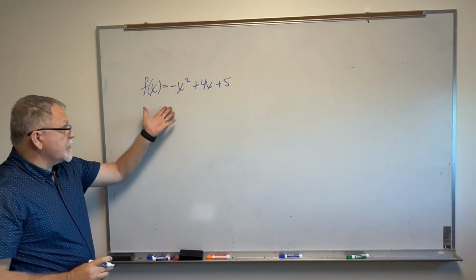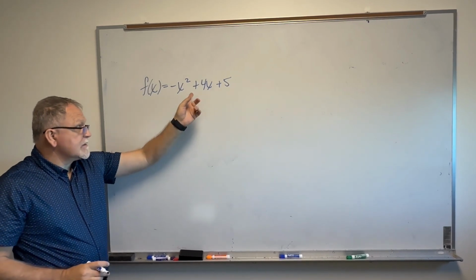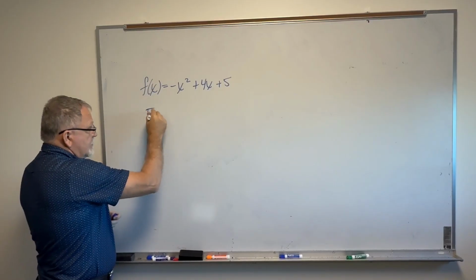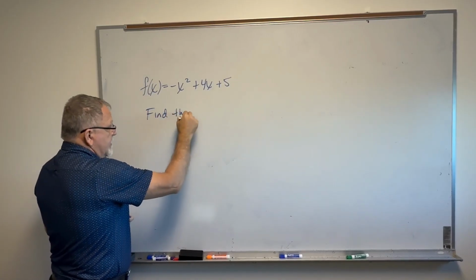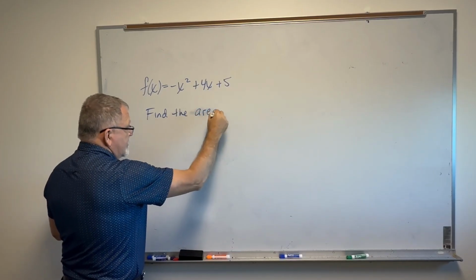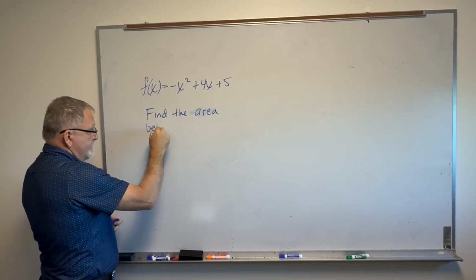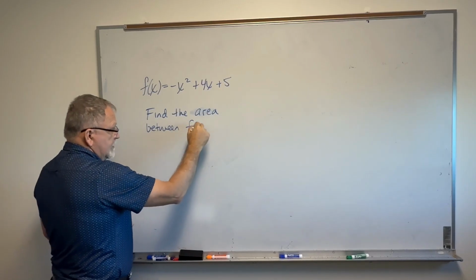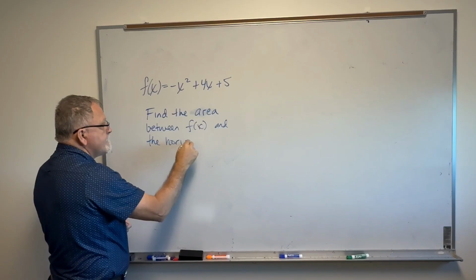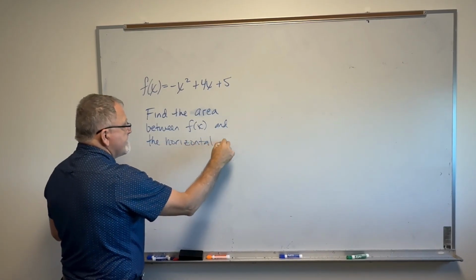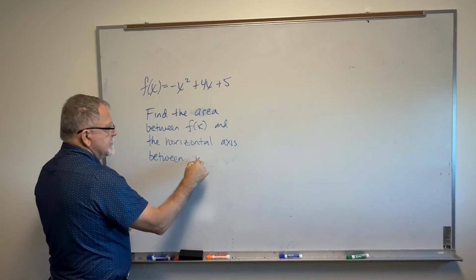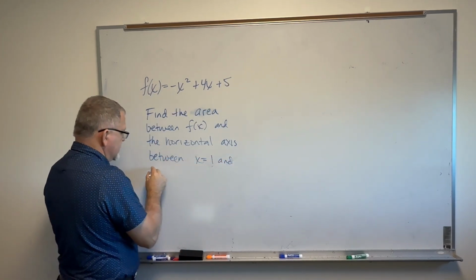Okay, let's return to our function. f of x equals negative x squared plus 4x plus 5. Remember my task was to find the area between f of x and the horizontal axis between x equals 1 and x equals 4.